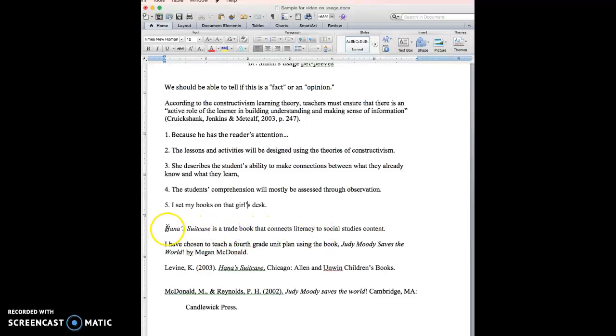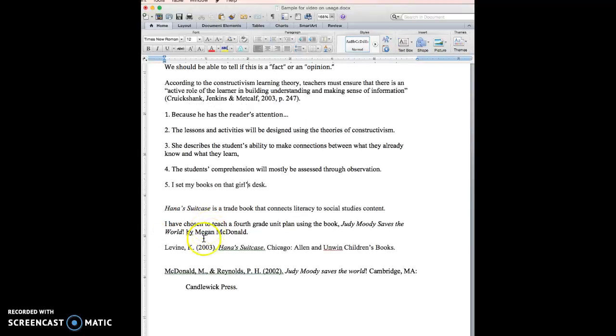So Hannah's Suitcase is the title of a book, and as we learned when we were in grade school, whenever you have a title, you capitalize all of the important words, and we learn to underline or to italicize. So what we're going to do in this case is we're going to italicize, and that's already been done. So this is absolutely correct right here.